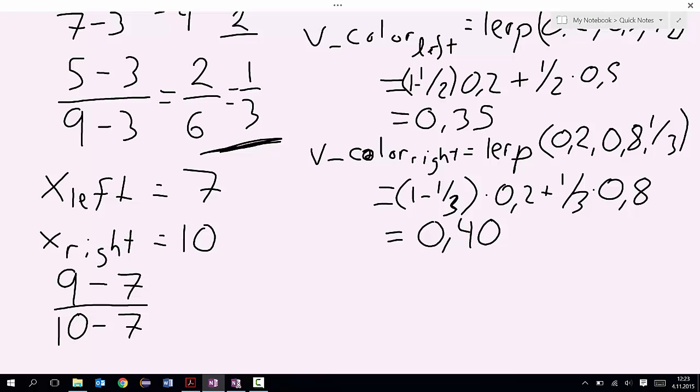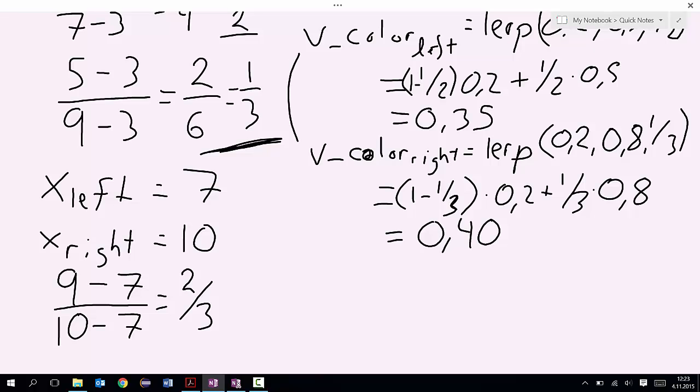So the entire way, or how far along we are, divided by the entire way from left to right. This gives us 2/3. So that's our parameter at x. So we know what pixel we're going to fill. That's the pixel 9,5. We need this parameter to linearly interpolate the right color, so the correct color.